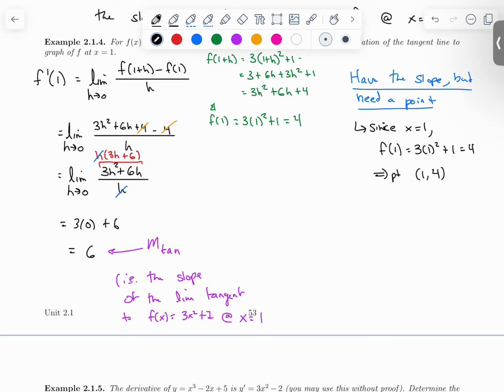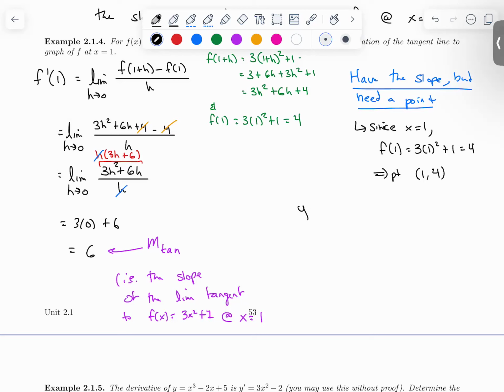All right. Who remembers point slope form of a line? Yes, y minus y sub 1 is equal to m times x minus x sub 1. I will never ask you to write your line in a certain form, but I will always tell you that point slope form is way better. It's a jacked up version of slope intercept, because you can always go from point slope to slope intercept.